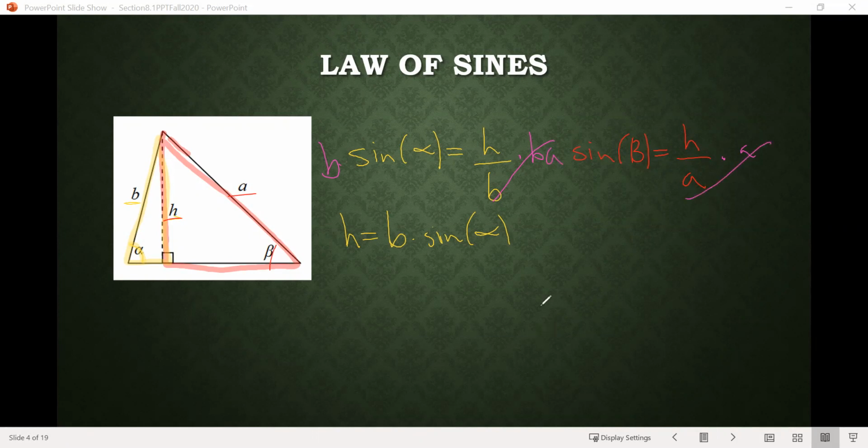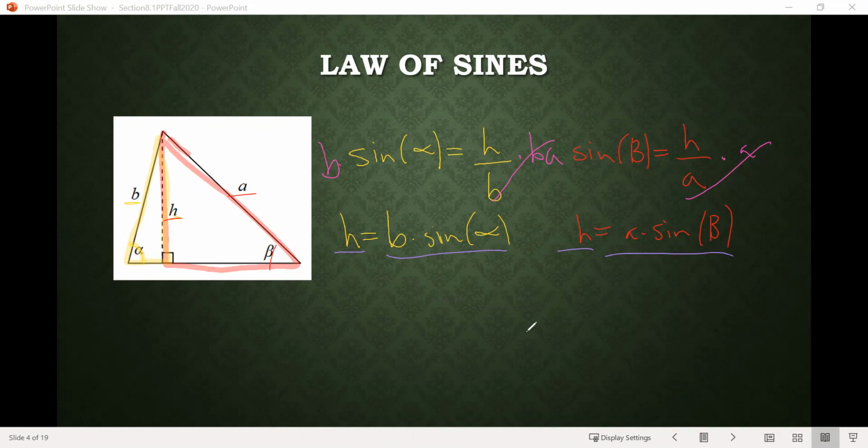And when we do that, we end up with h equals a times sine of beta. And what this leaves us with then is h equals this and h equals this, right?